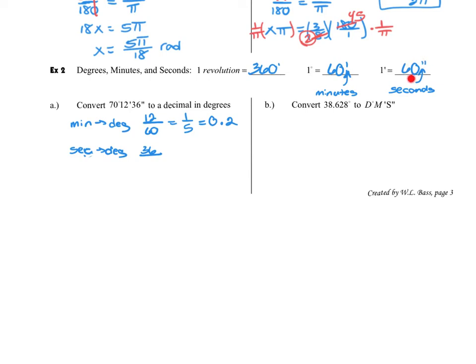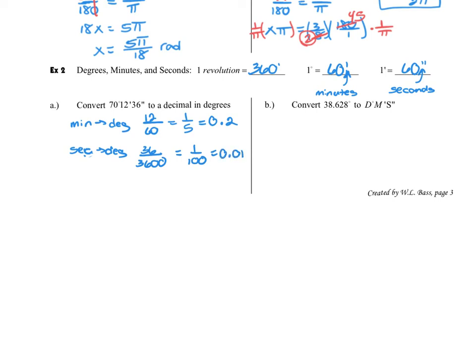If I have 60 seconds in each minute, and then there's 60 minutes in each degree, I'm going to use both of these to go from seconds to degrees. So now I'm going to divide by 3,600. I can reduce that to 1/100, which as a decimal would be 0.01.